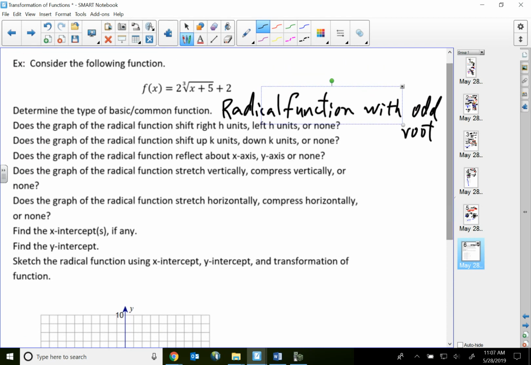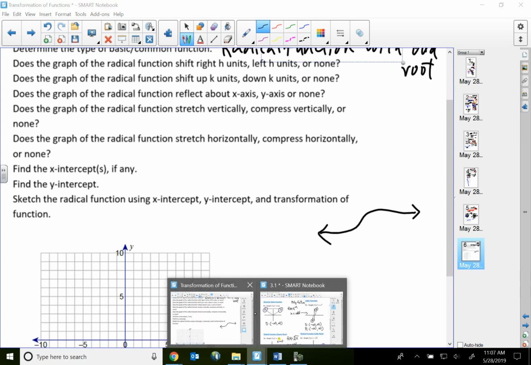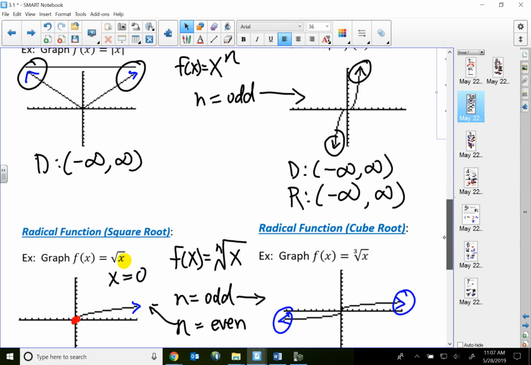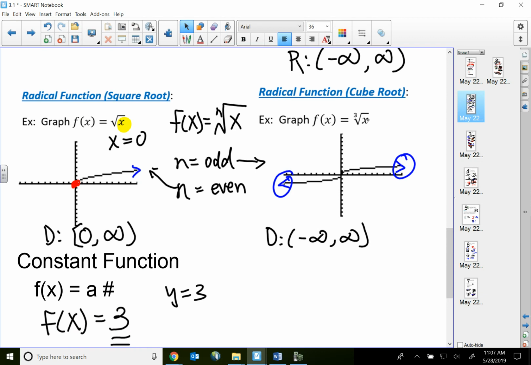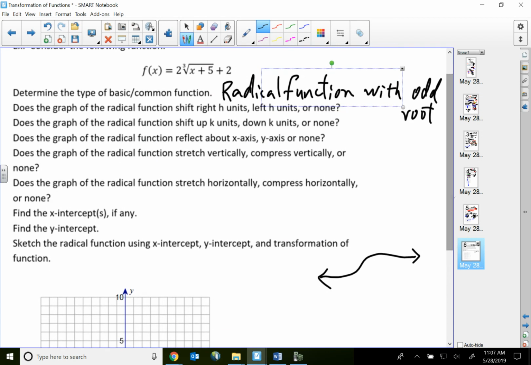Either way, but being more generic, I'm saying it's not a bad idea. So I know my picture will look something like this, just like this one right here. Let me write down my function so I can begin to find all these.